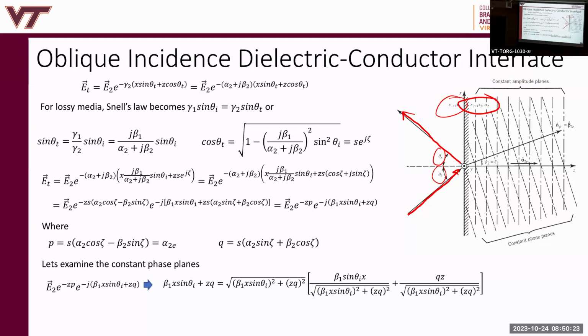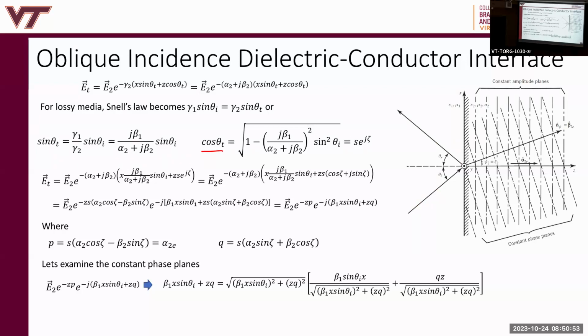And if you solve the mathematics here, so here's Snell's law, and then we know gamma is alpha plus j beta, but alpha 1 is equal to 0, so we just get j beta 1. And we have alpha 2 plus j beta 2, right? And we know we can write cosine theta transmitted on the left side. So what you do is you write cosine, okay, so this is a different expression, right?